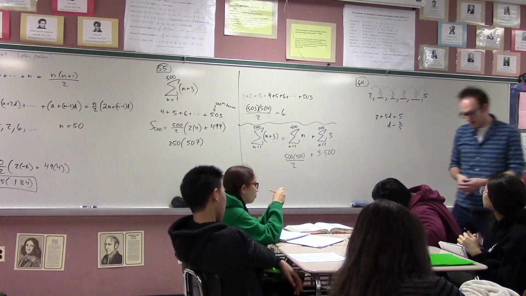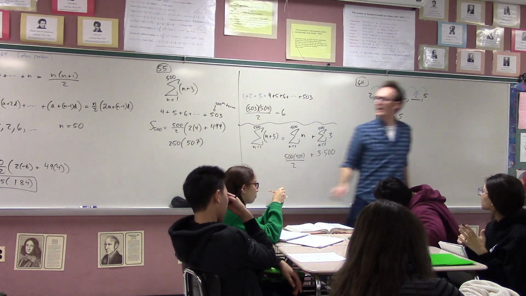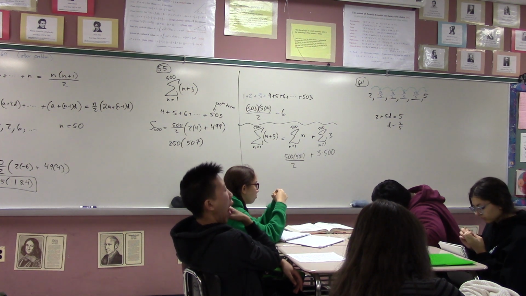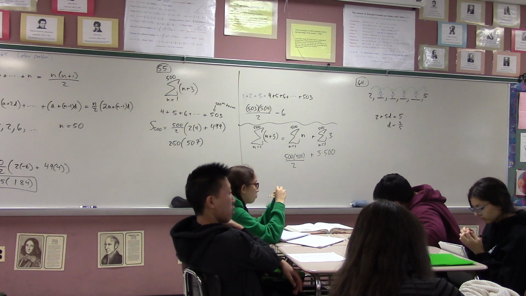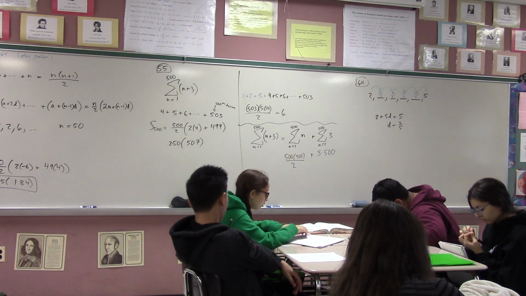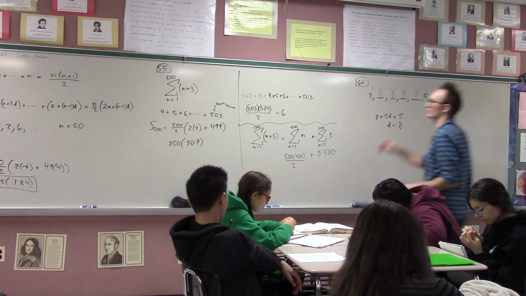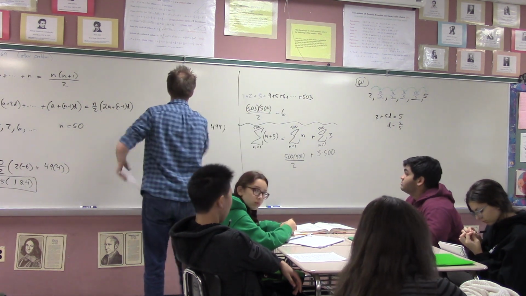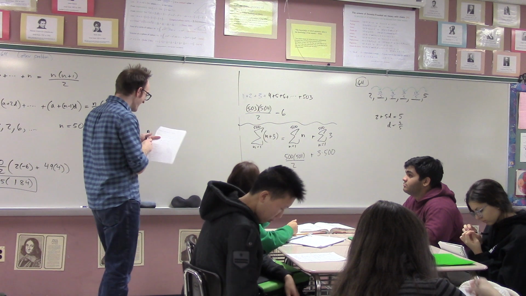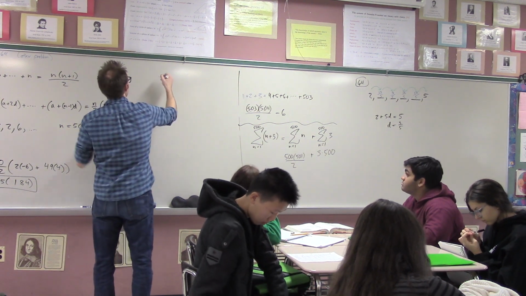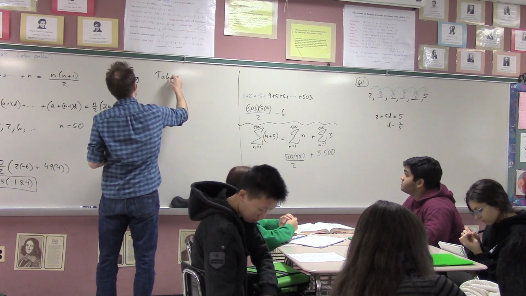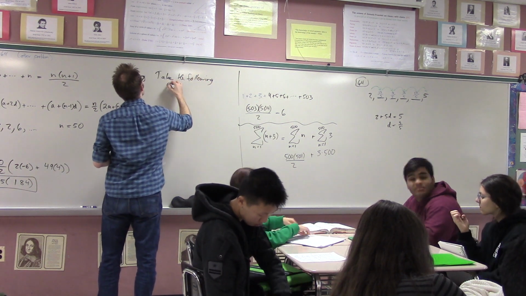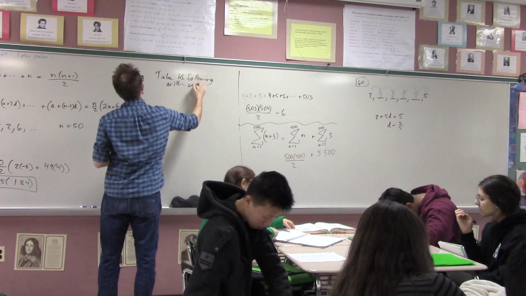All right. So now one loose end that we didn't do. This will be the last thing you can do with arithmetic sequences. Suppose I gave you a particular arithmetic sequence.